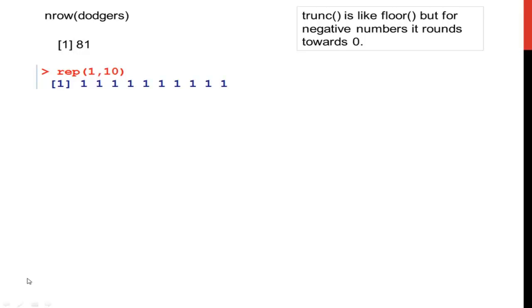Now try floor on 3.4. What do you get? So what does it do? It just finds the lowest integer value, the closest integer that is less than the number that's there.